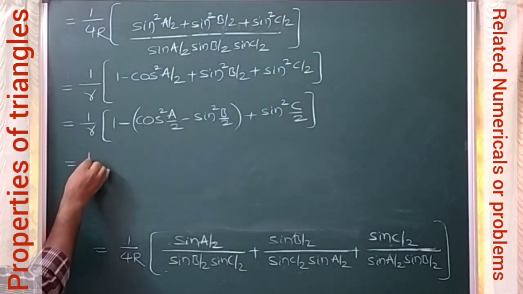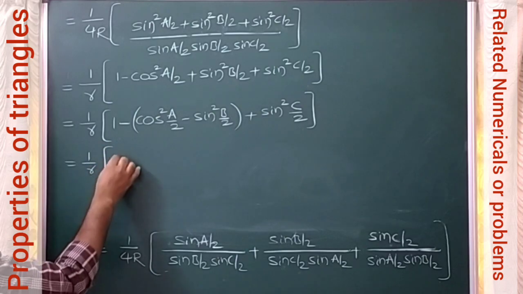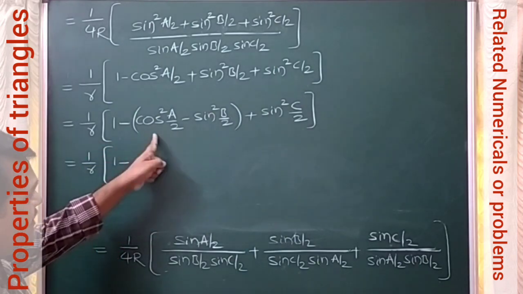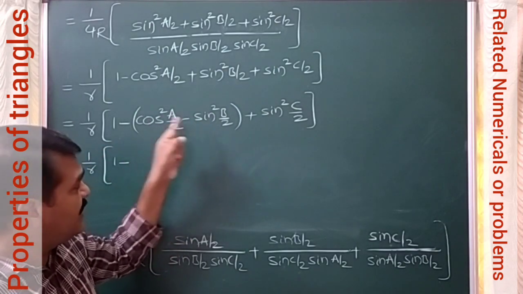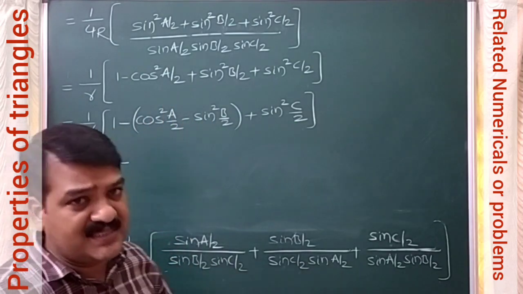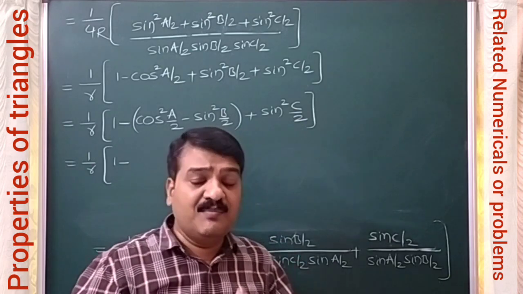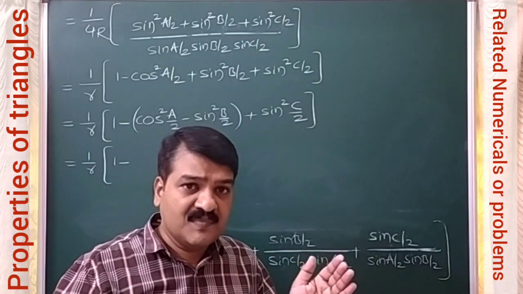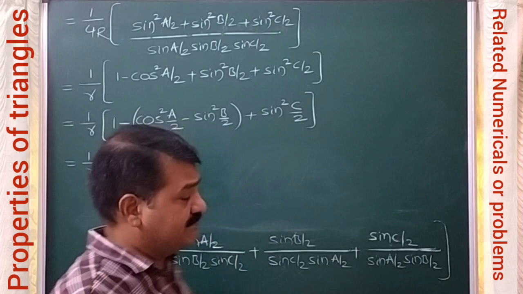Now, cos square A/2 minus sin square B/2. This is cos square A minus sin square B, which will be cos(A+B) cos(A-B).